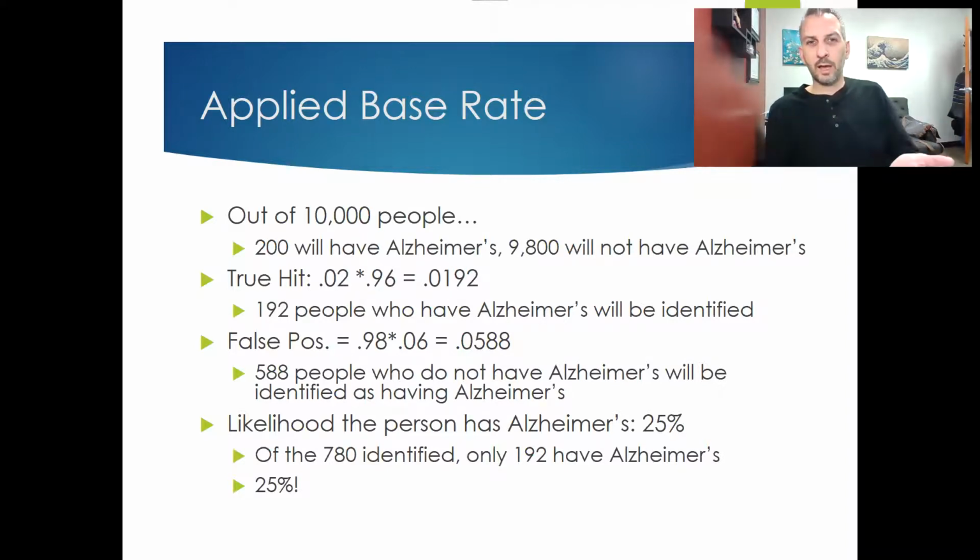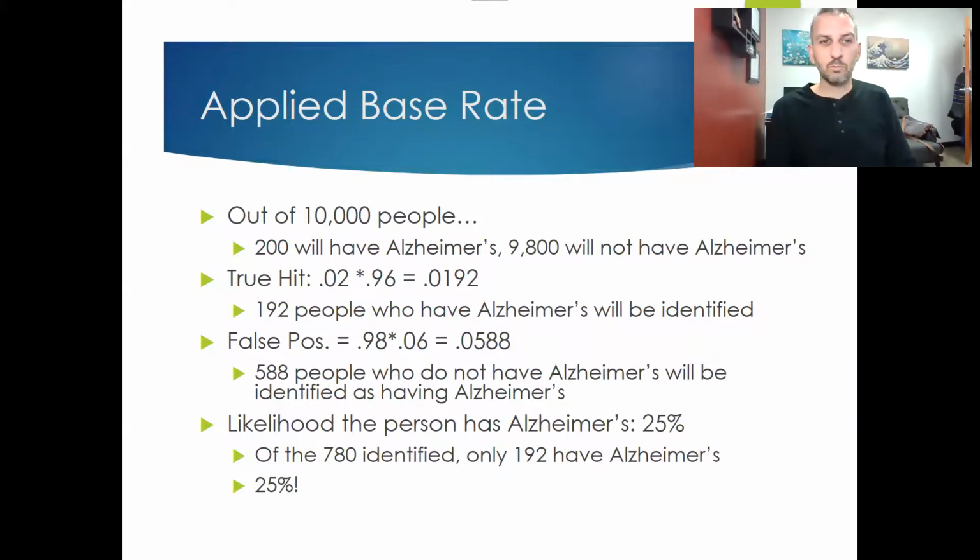But compare that to the 192. Out of the 10,000 people, you have 192 plus 588 people who will be identified as having Alzheimer's, and only 192 of those actually have it. So 780 people get identified as having Alzheimer's, with 588 false positives, which is only 6% of the 9,800.